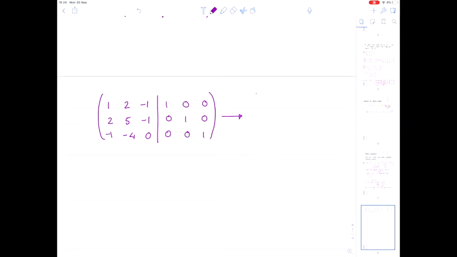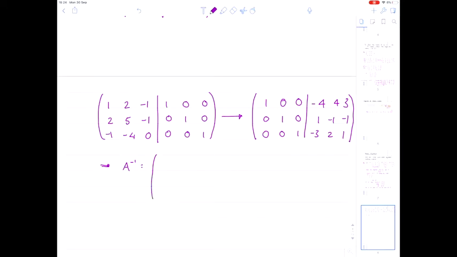If you work through your Gauss reduction, what you should find is you have an identity matrix on the left, and your matrix on the right looks like this. This tells us that the inverse of our matrix A is minus 4, 4, 3, 1, minus 1, minus 1, minus 3, 2, 1.